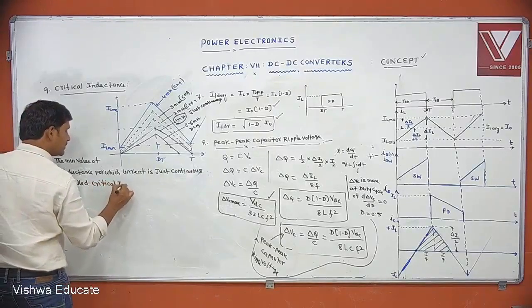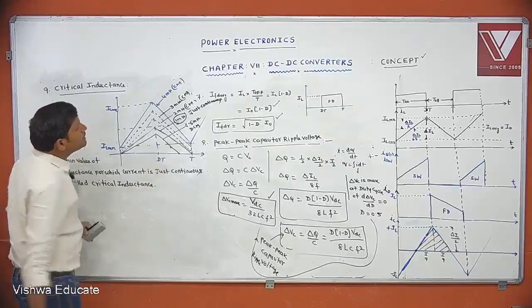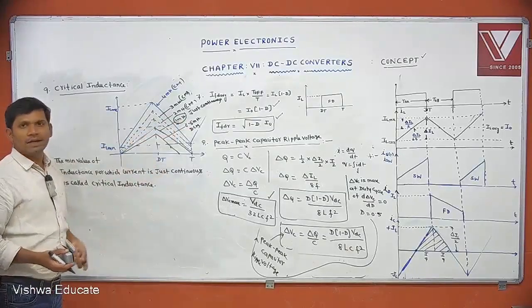In this example, 1 millihenry is the critical inductance.